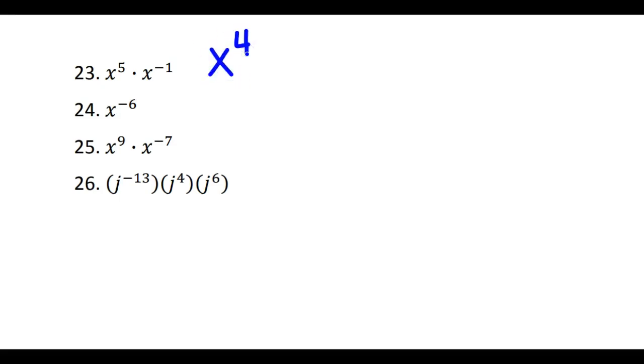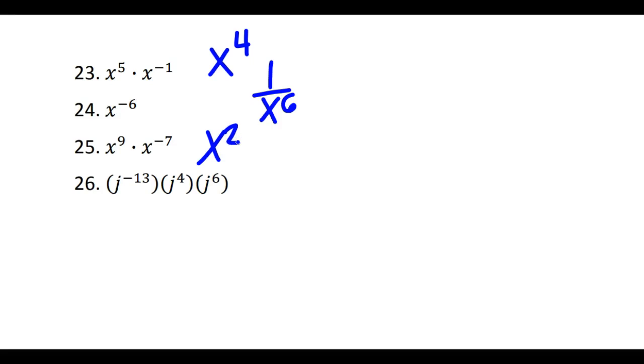Okay, what about number 24? 1 over x to the 6th power. Yes, that's correct. Okay, number 25. X to the 2nd power. Yes, that's correct. What about number 26?